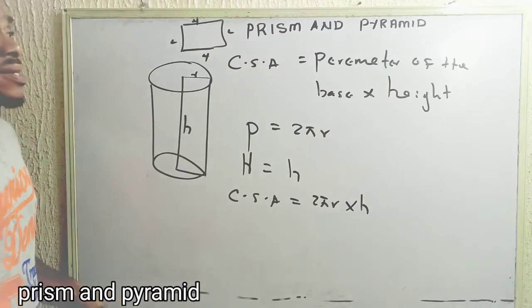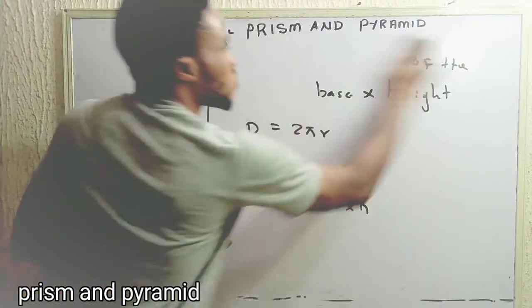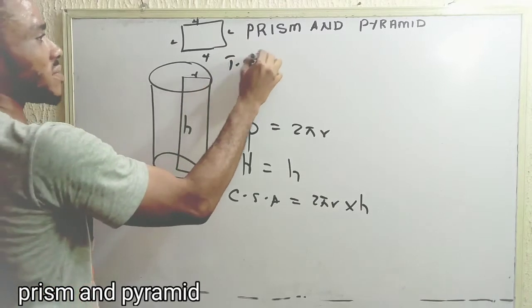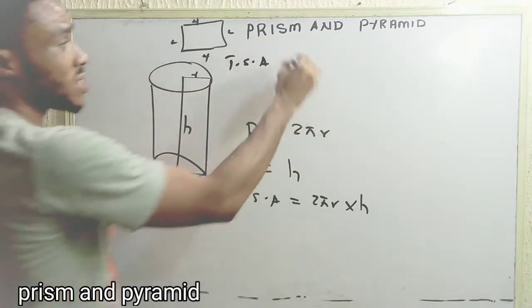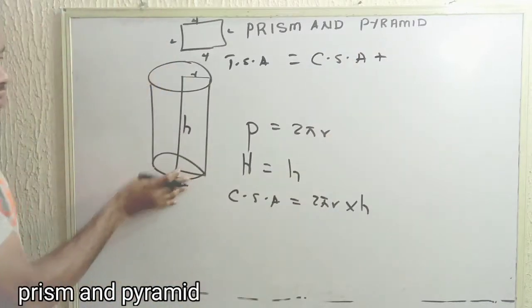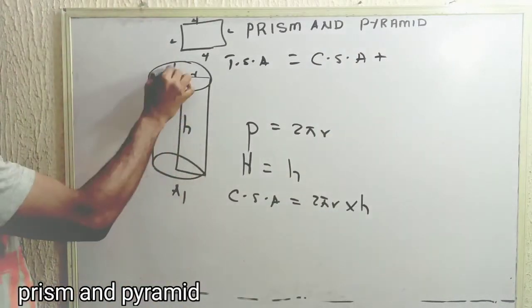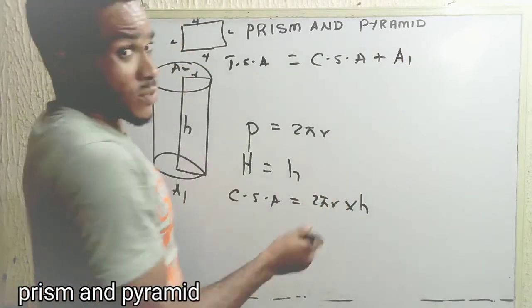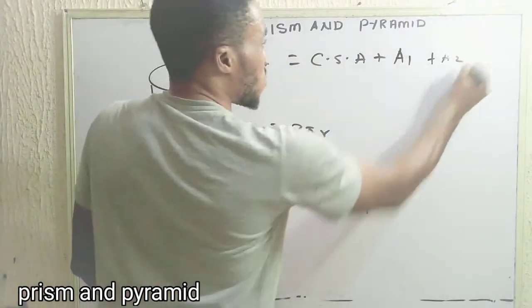Now, if I am to get the total surface area of this cylinder, the total surface area of every prism as well is given as its curved surface area plus area of the bottom, let me name it A1, and area of the top, let me name it A2. So I'm going to have area of the bottom plus area of the top.